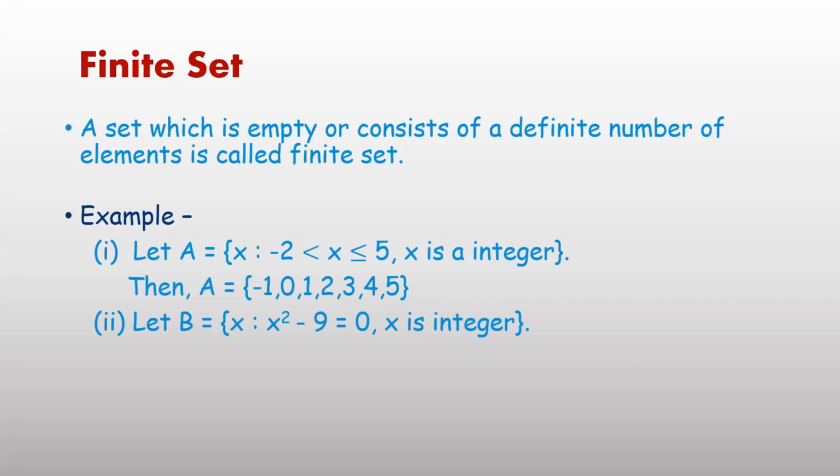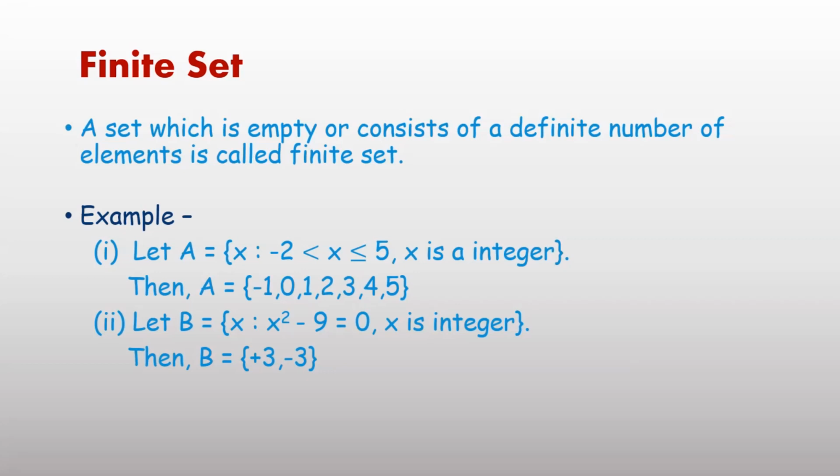Second example, B equal to x, x square minus 9 equal to 0, x is integer. It is written in set builder form. Convert in roster form, you will get two values of x, plus 3 and minus 3. Here number of elements is 2, therefore it is known as finite set.